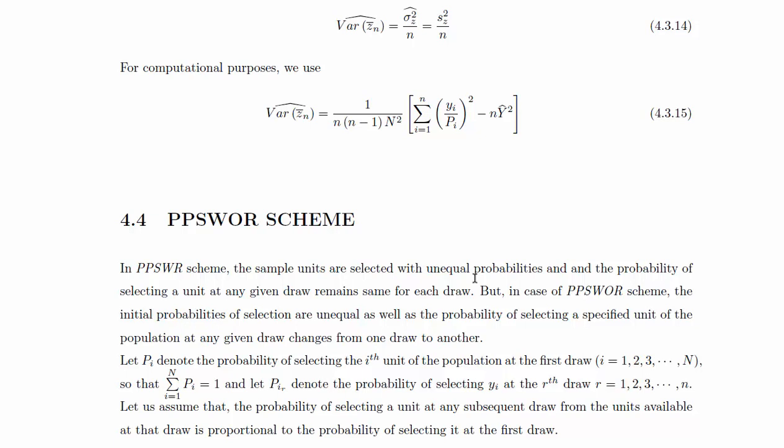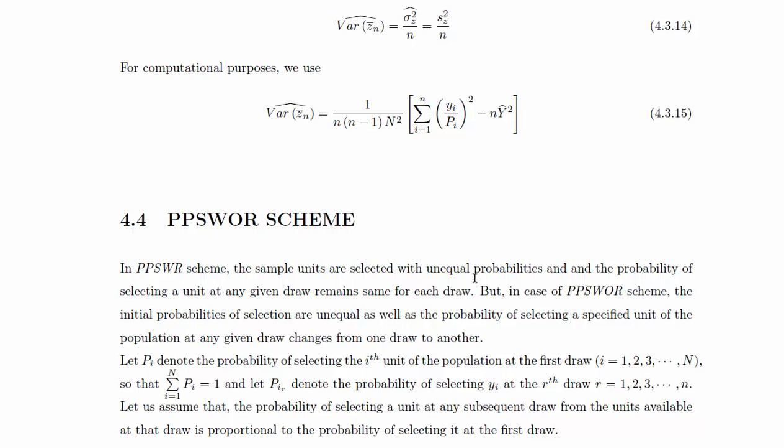So in order to select a PPS without replacement sample, we have to consider the order of selection of the units. Let Pi denote the probability of selecting the ith unit of the population, so that summation i equal to 1 to n of Pi is equal to 1. The sum over all the probabilities is equal to 1.